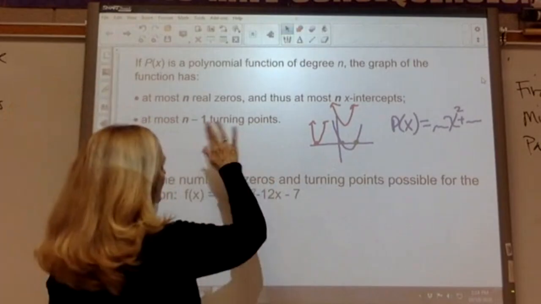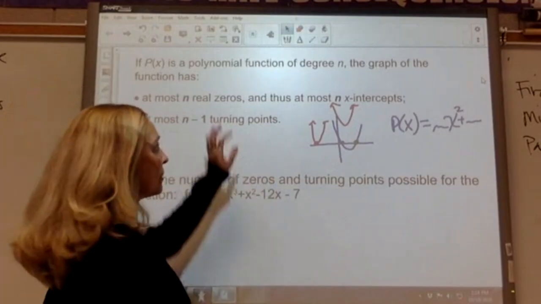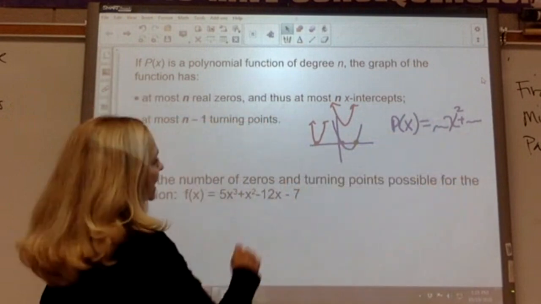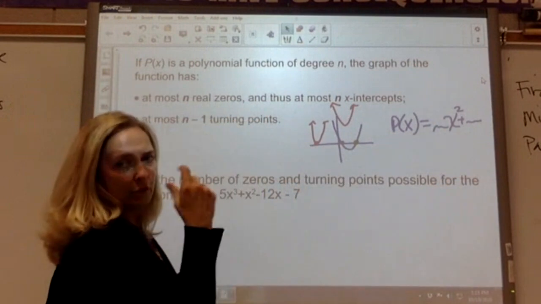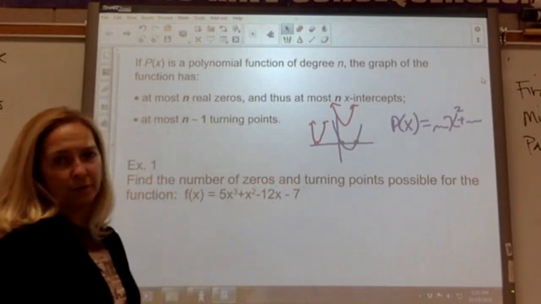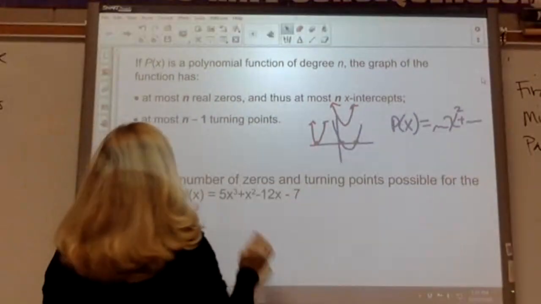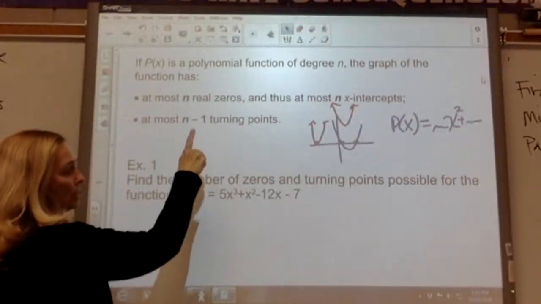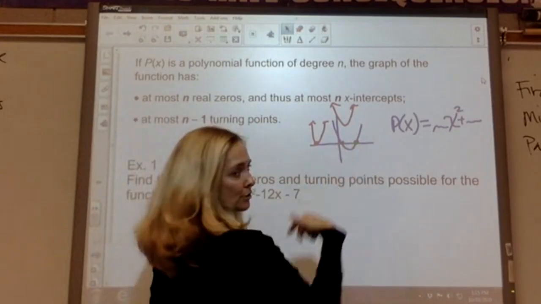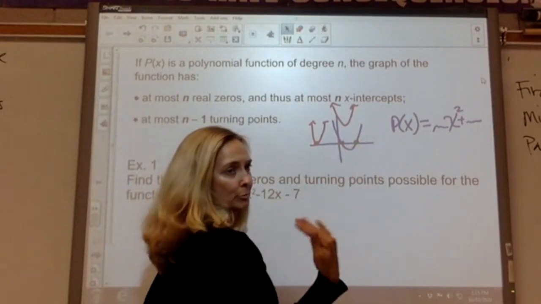So what this is telling us is, whatever the polynomial is, we look at the degree, which is the largest power. That's the most real zeros that it's going to have. And then it's going to have at most n minus 1 turning points. Like on the one I drew first, it has 2 real zeros, crossing the x-axis in 2 places.